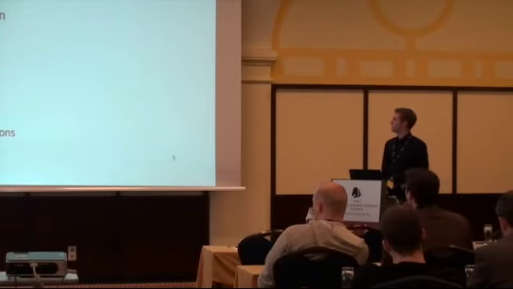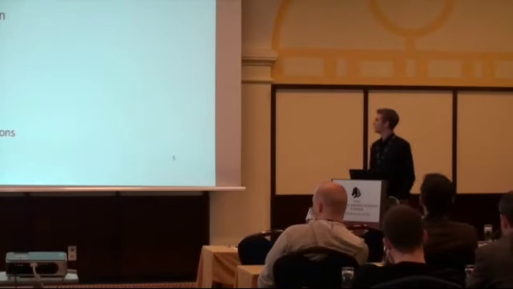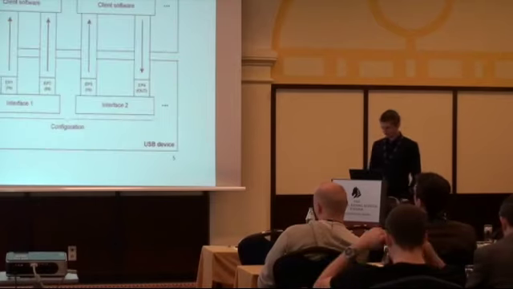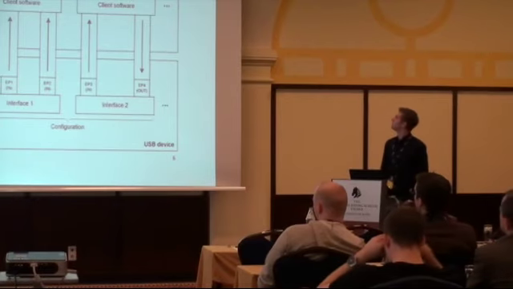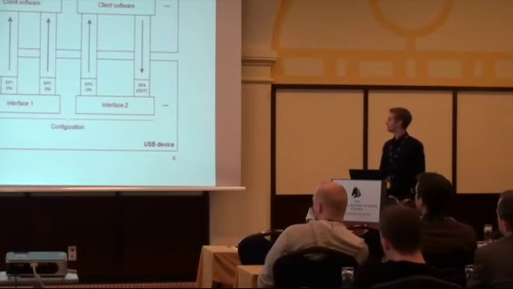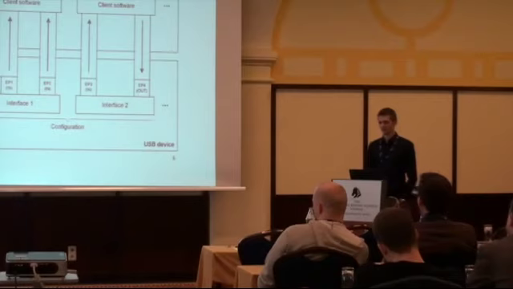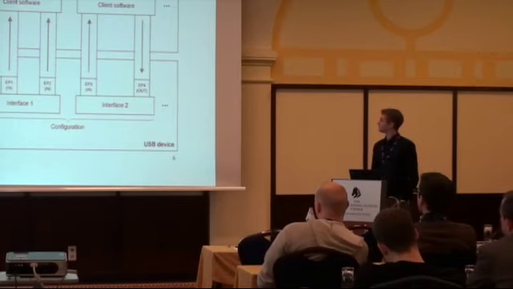And in USB, we have various concepts like endpoints, pipes, interfaces, and configurations, which are best explained using some graphic. So in this case, we have a single USB host connected to a single USB device. And all the communication between the host and the device travels through so-called pipes. So each of the arrows represents a pipe in this case.